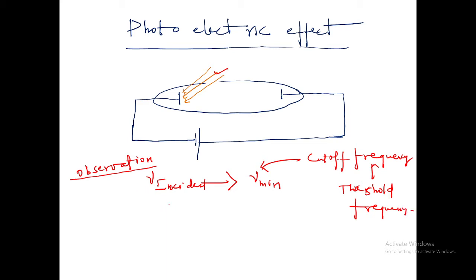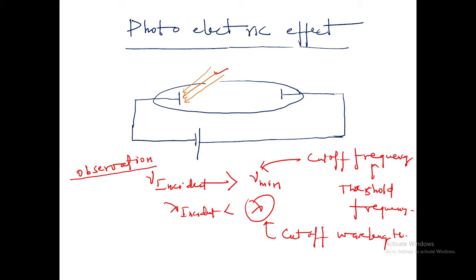In terms of wavelength, if the incident lambda is less than lambda, this is known as the cutoff wavelength.